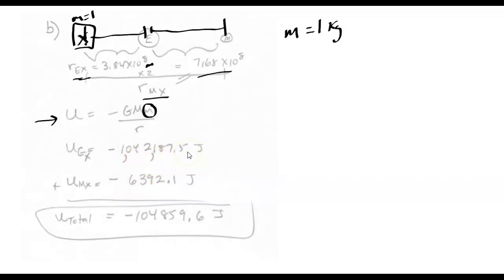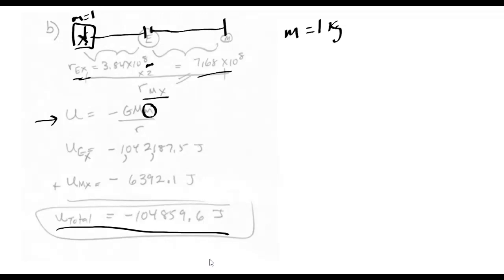And for the potential energy between the mass of the Moon and that 1 kilogram mass, it'd be negative 6,392.1. So those values together, if we wanted to find the total potential energy at that point acting on the mass, you would just add them together. So you get negative 104,859.6. Might have left out a digit or two.